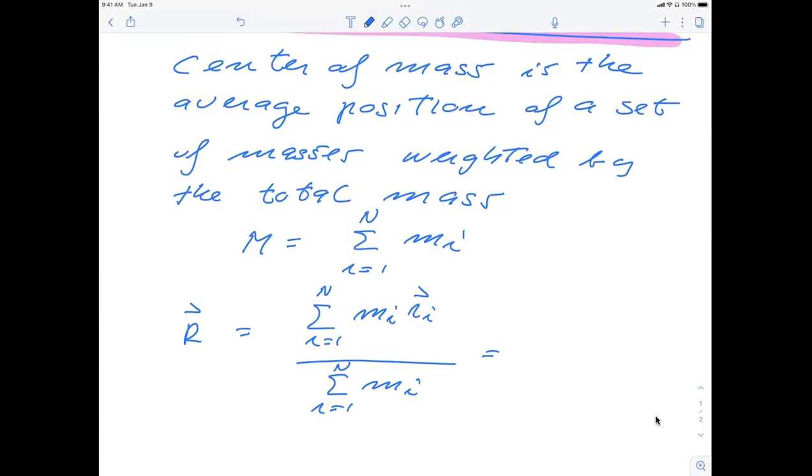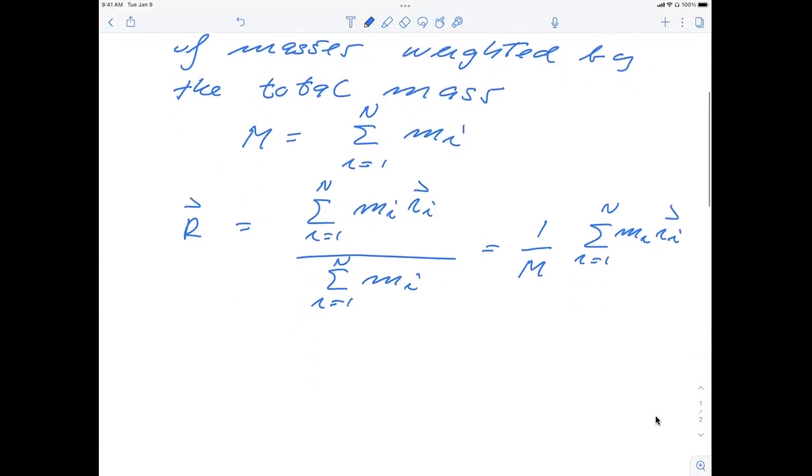And we can rewrite this as 1 divided by m, and then we have a sum over i equal 1 up to n, and then we have an m_i times an r_i here. Now, if the masses are all equal, so suppose you have equal objects, then you can obviously put outside the mass of the individual objects if they are the same.